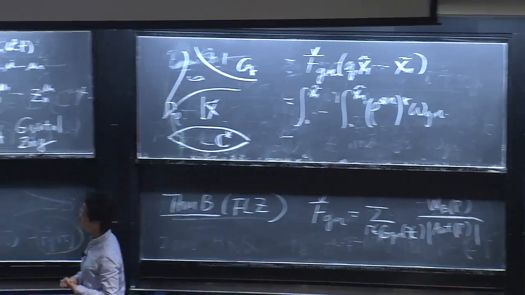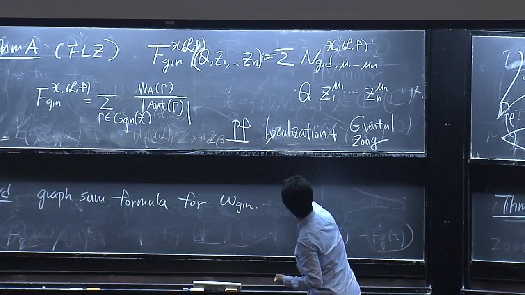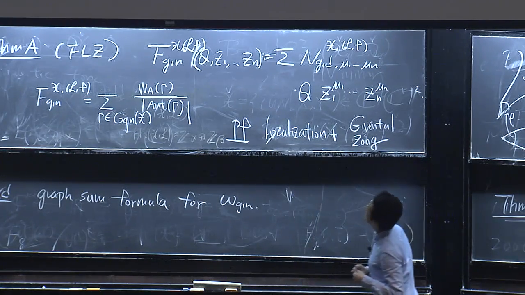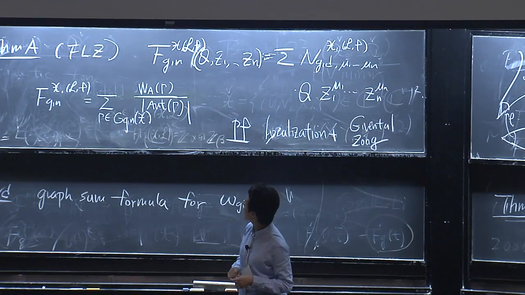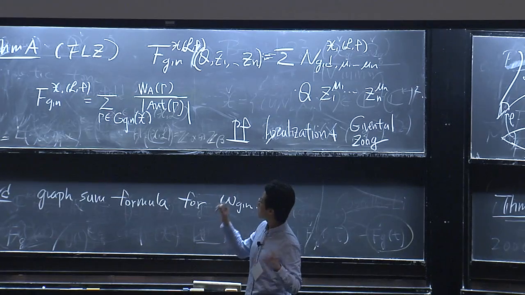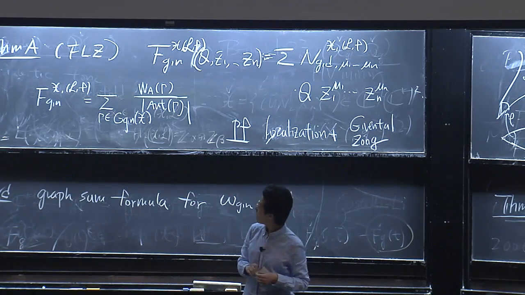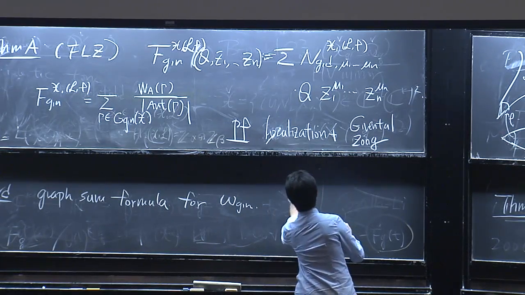So this is done by the following. The weight of the vertex and the weight on the edges on both sides depend only on the genus g closed Gromov-Witten invariants.